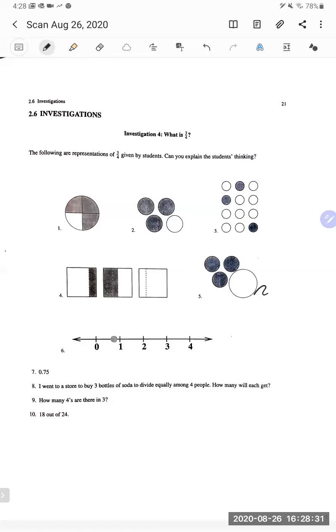So number 5 is definitely a set model, but it's not an area model. Because if you compare the areas of these 4 circles, you don't have 3/4 of the total area shaded in. You have maybe half of the total area shaded in, because these 3 circles are so much smaller than this one. So this is not an area model, but it is a set model, and it represents 3/4 just fine. Whereas number 2 is both an area model and a set model.